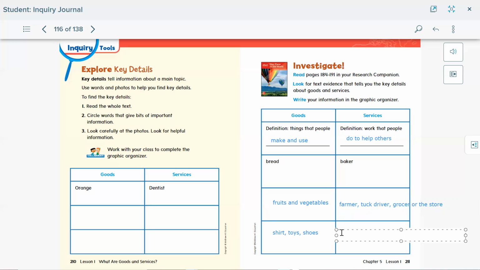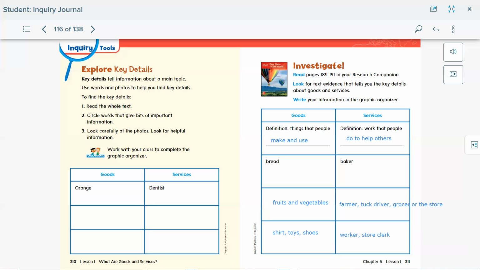And examples of service, workers, or store clerk, or cashier. All right, so this is all goods and this is all services. So you can always pause, take your time to put down your information.